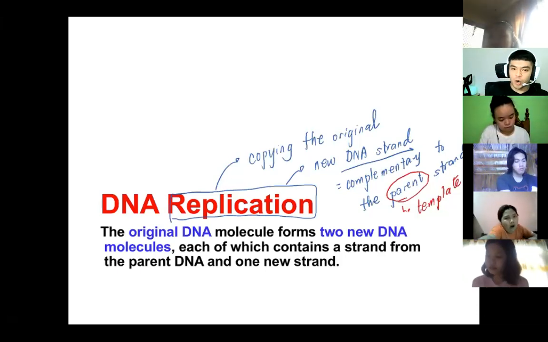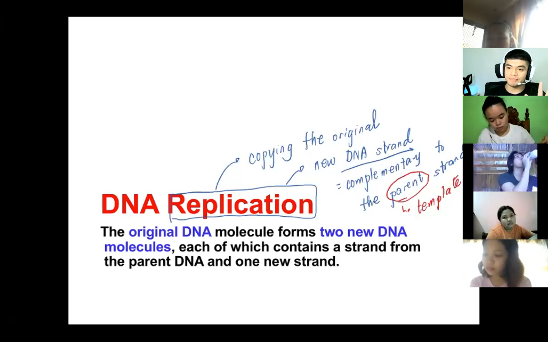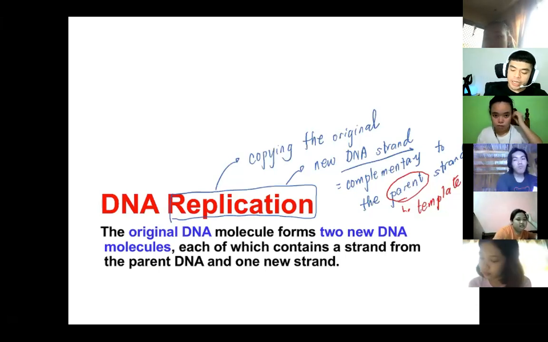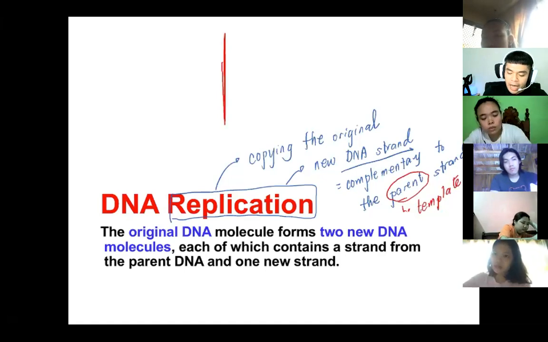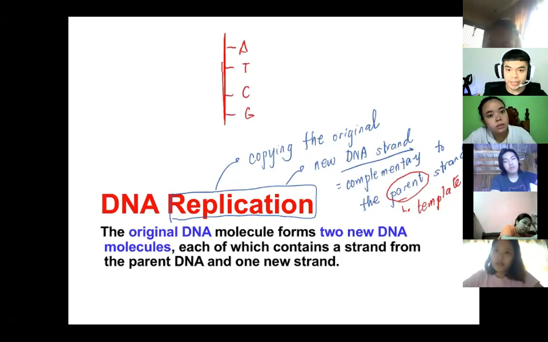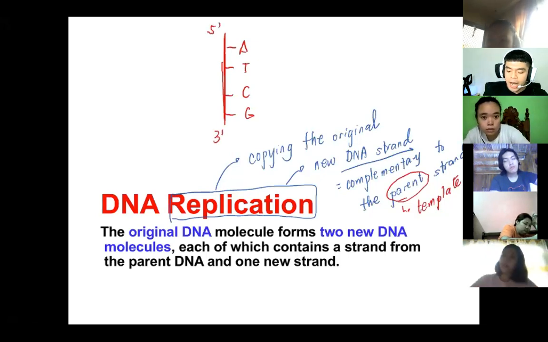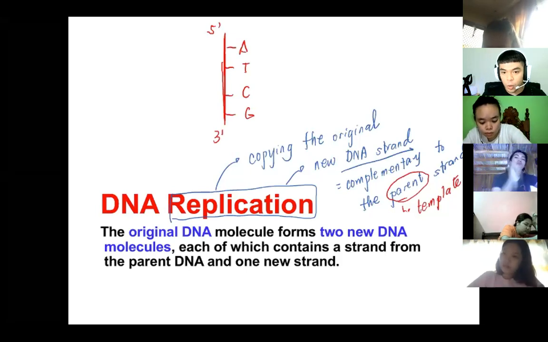So for example, are you following me? Okay, for example, if this is the template strand, having a sequence, for instance, of A, T, C, and then G, and if the arrangement is from 5' to 3', take note that this template strand would be copied, but the product would be complementary to it.